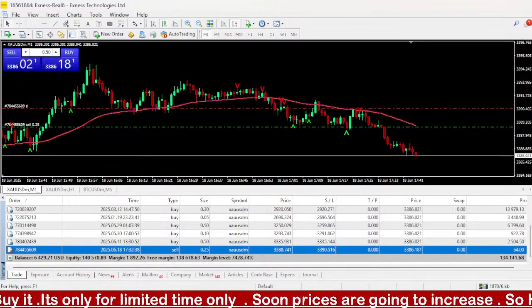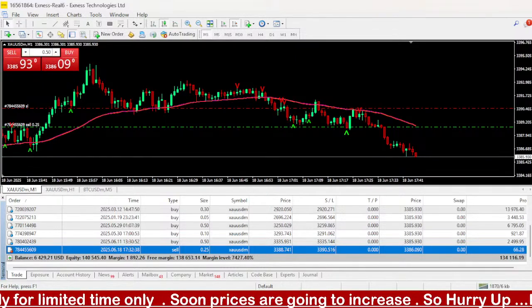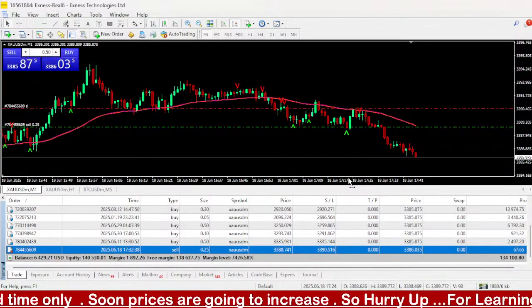So we are going good. Let's see how much profit we can make with this trade.